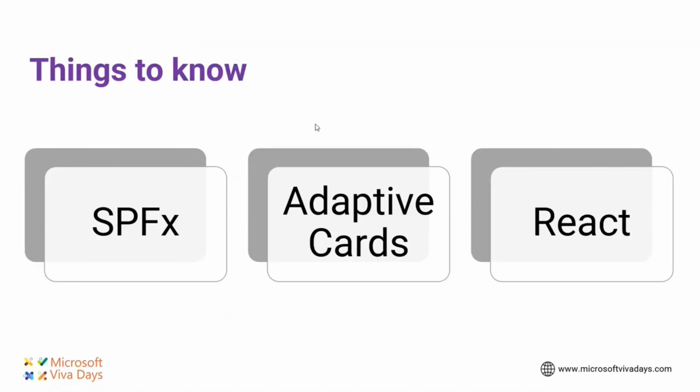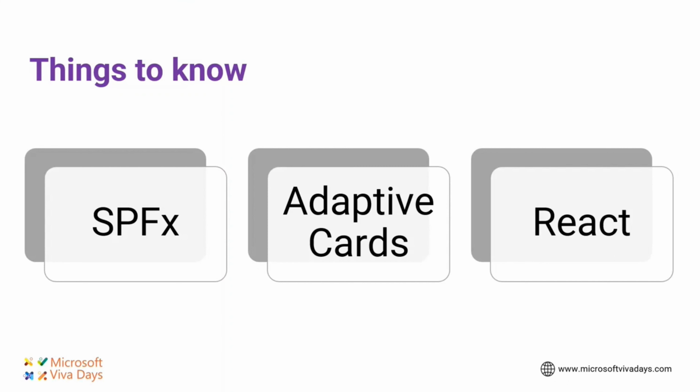Now, things to know before you build your adaptive card extension: you should have basic knowledge of SharePoint Framework, because adaptive cards are the new component type which is available with SPFx version 1.13. You should have knowledge of adaptive cards and how to design them if you are going to use the quick view. And as of now, adaptive card extensions can only be created using React framework components.